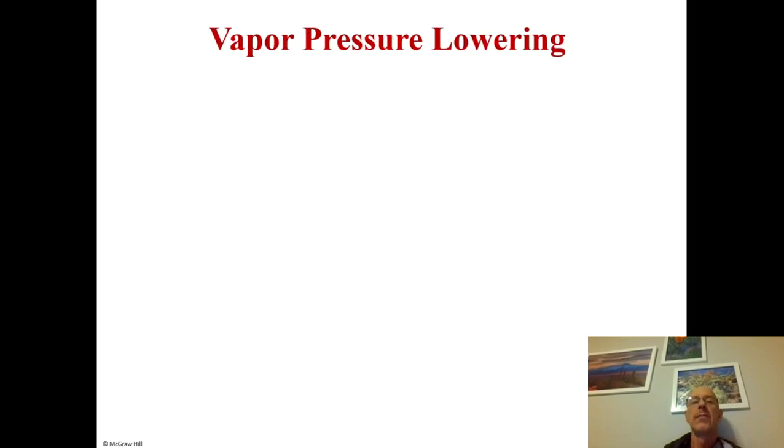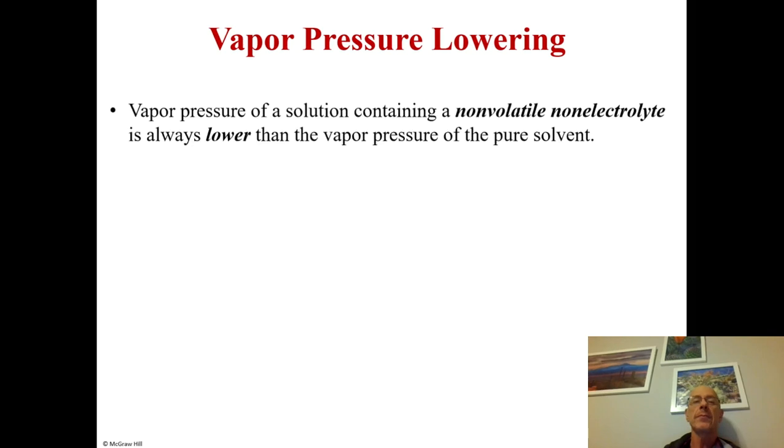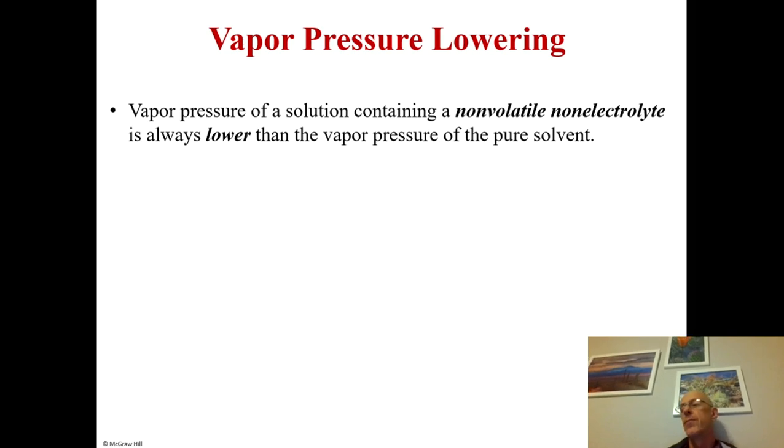The first colligative property we're going to look at is what's called vapor pressure lowering. The vapor pressure of a solution containing a non-volatile electrolyte is always lower than the vapor pressure of the pure solvent. We learned about vapor pressure back in chapter 12, and the Clausius-Clapeyron equation gave us a chance to see how that relates.